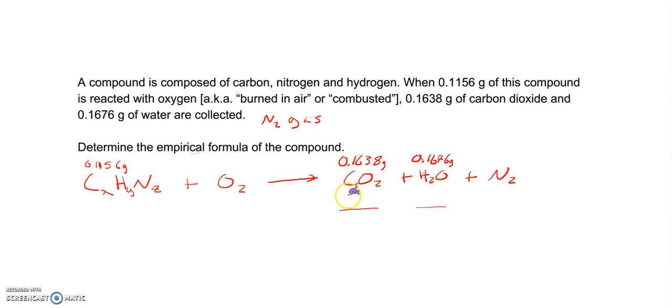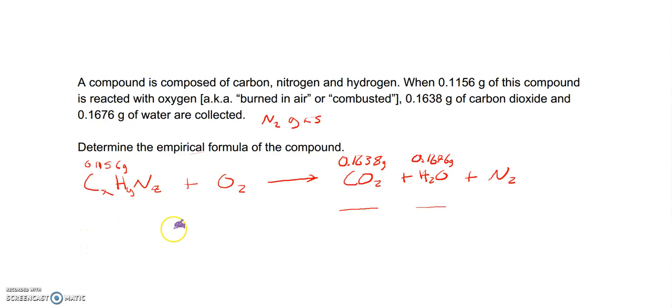If we know how many moles of carbon, hydrogen, and nitrogen, and we know the ratio of their moles to each other, then we know this thing's empirical formula. We want moles for carbon because all of the carbon in this compound ended up in carbon dioxide. Even though it's not balanced, we know that because there's no carbon in water and no carbon in nitrogen.